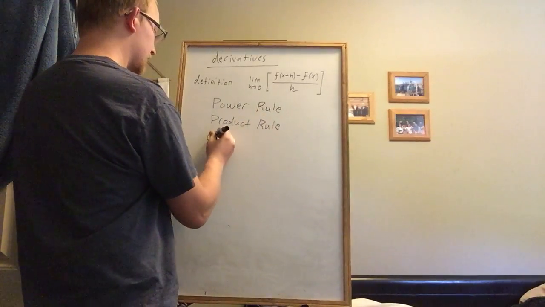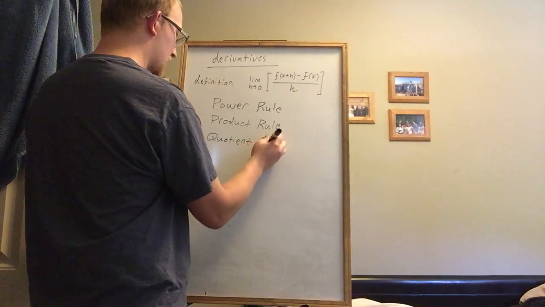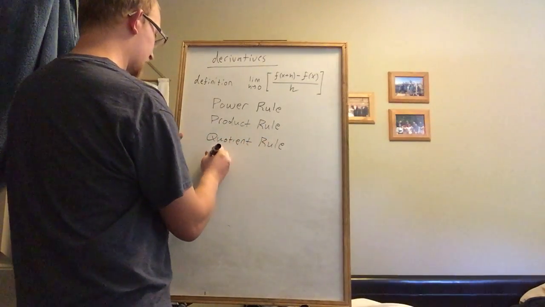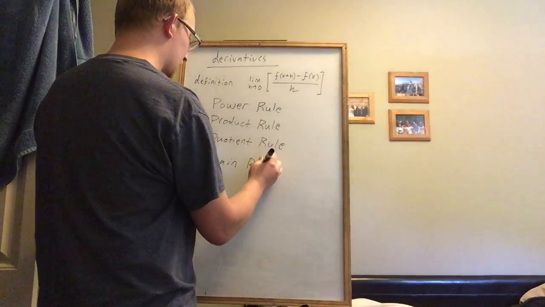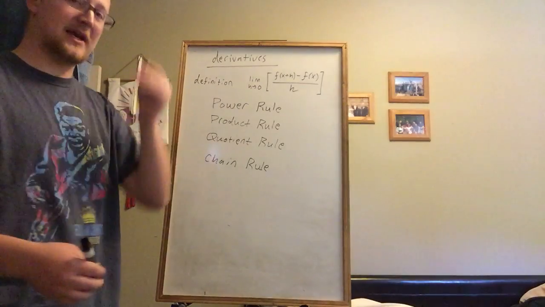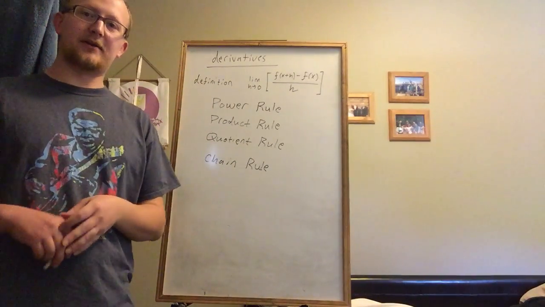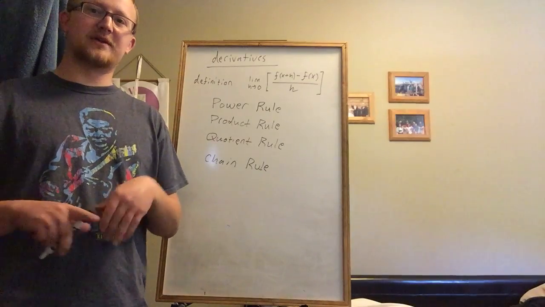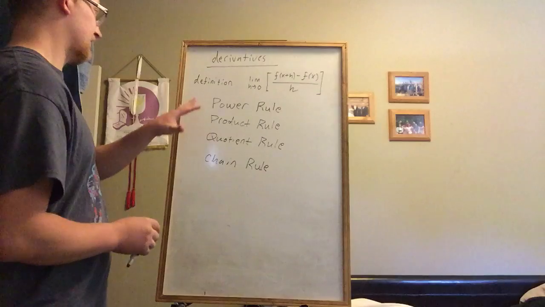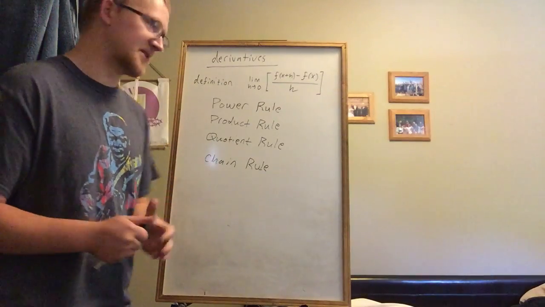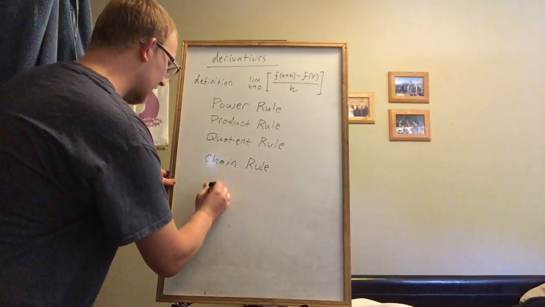The quotient rule, and the chain rule. And these are the four major algorithms that help us to calculate derivatives. And armed with these four, you'll be able to handle any sort of polynomial that's non-trigonometric, or even things that aren't necessarily polynomials, as long as there's no trigonometrics in there.